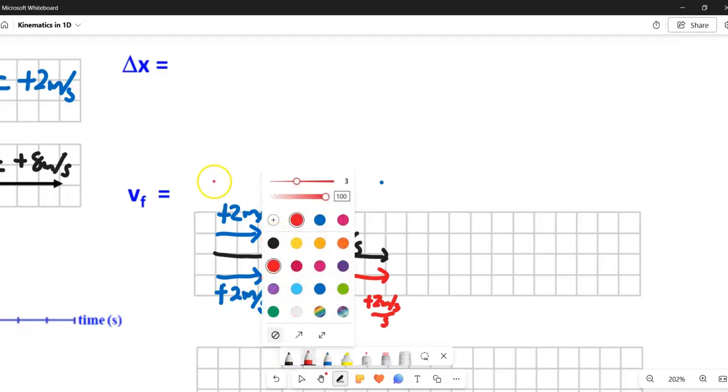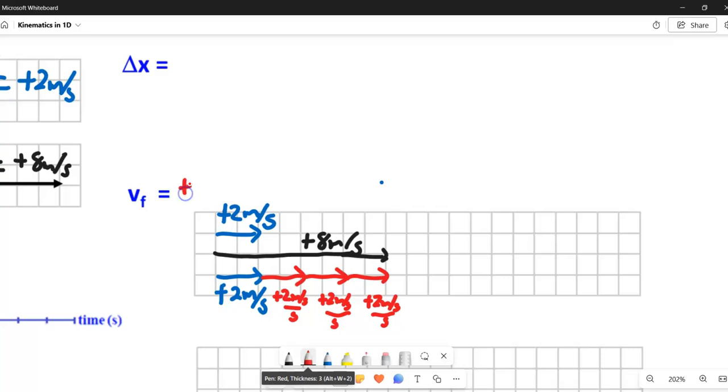So let's construct our equation. We have a positive 2 meters per second over the period of a second for every second times delta t, and our initial velocity was positive 2. So let's go ahead and just make sure it works.